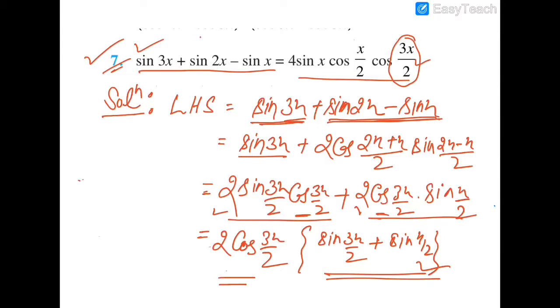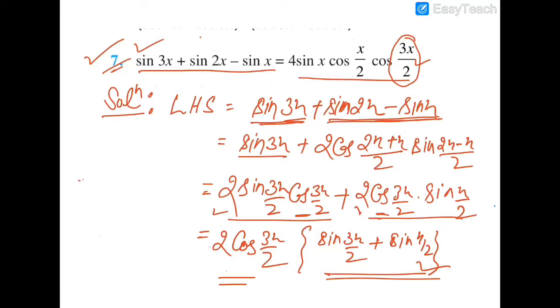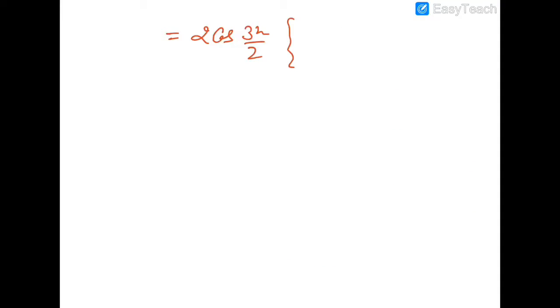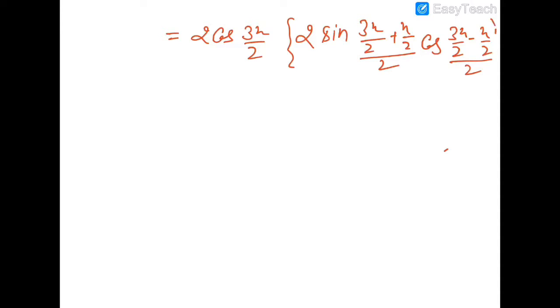So it is written 2 cos 3x by 2, and in the bracket we use the formula sine c plus sine d, which means 2 sine of (3x by 2 plus x by 2) whole by 2 cos of (3x by 2 minus x by 2) whole by 2.